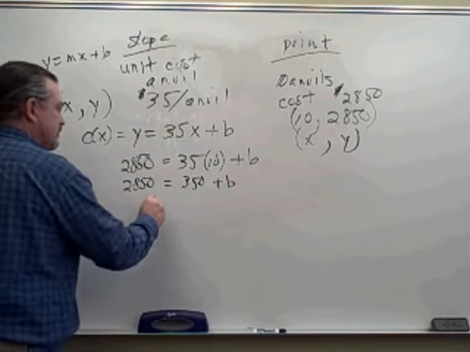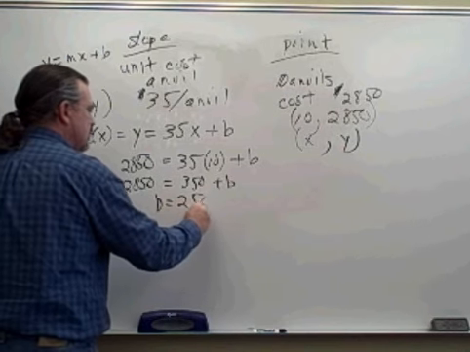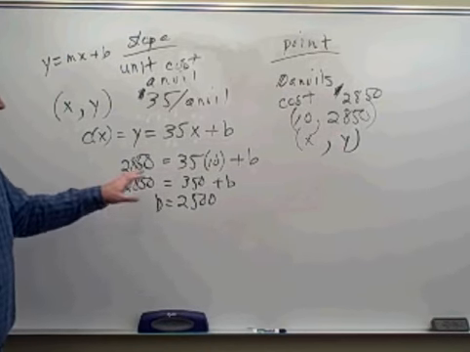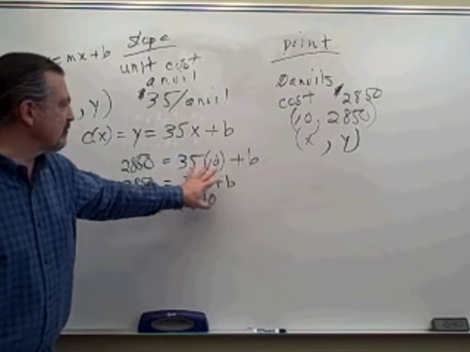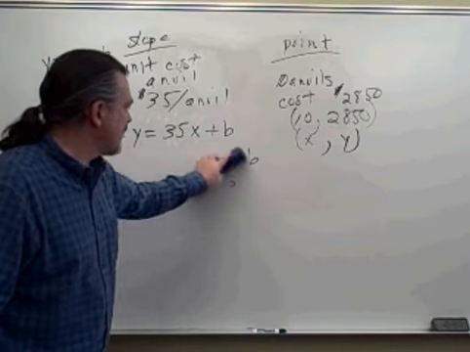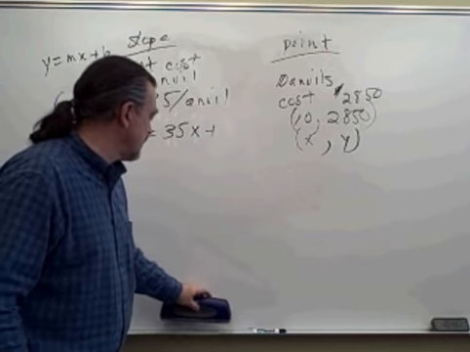Subtracting 350 from both sides, I get b equals 2500. And I can now use that value for b, that value of 2500.